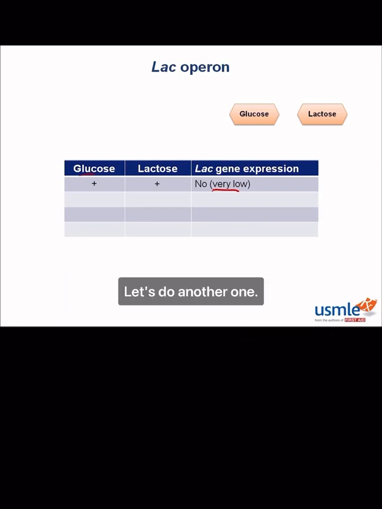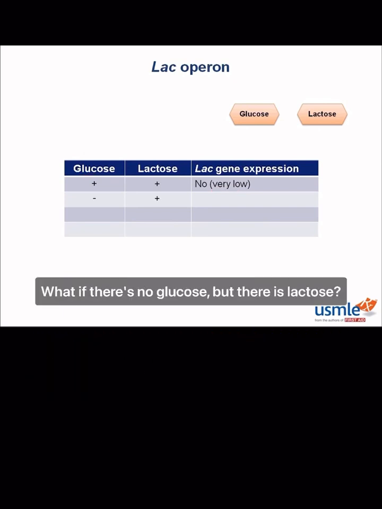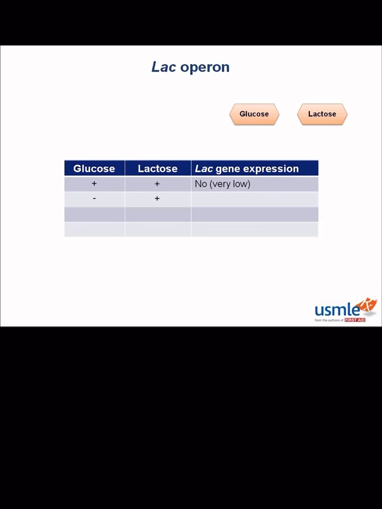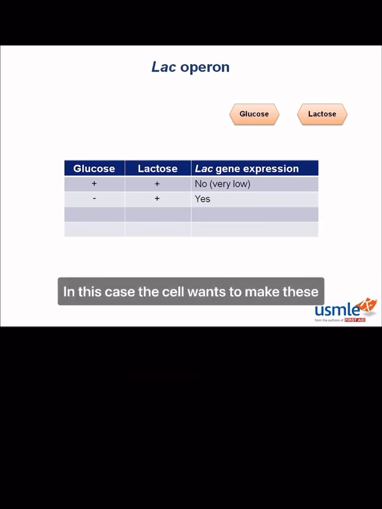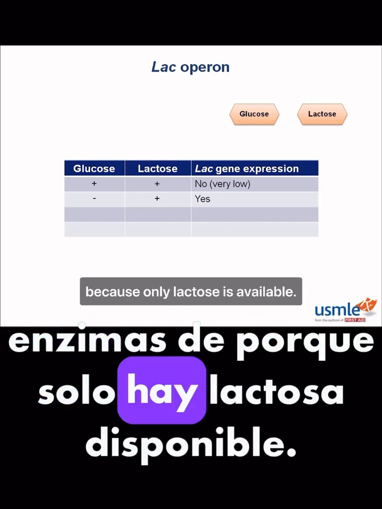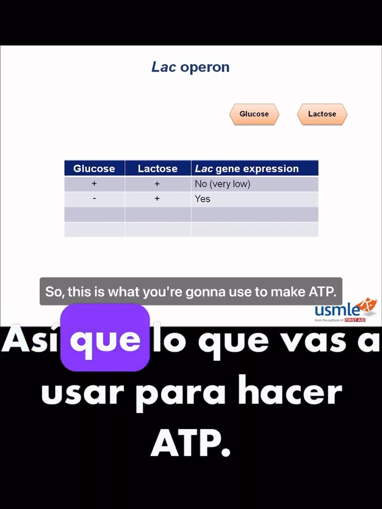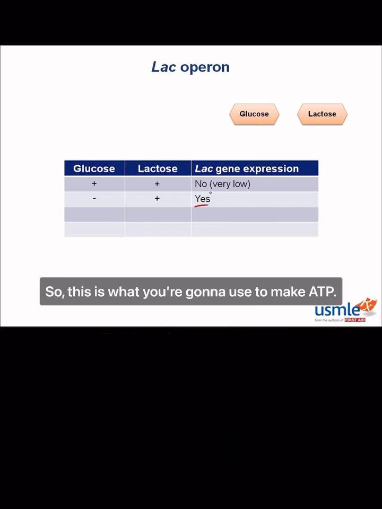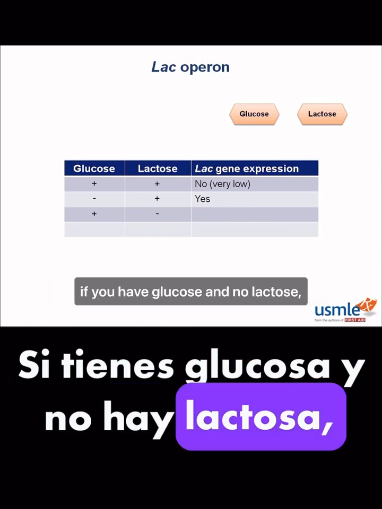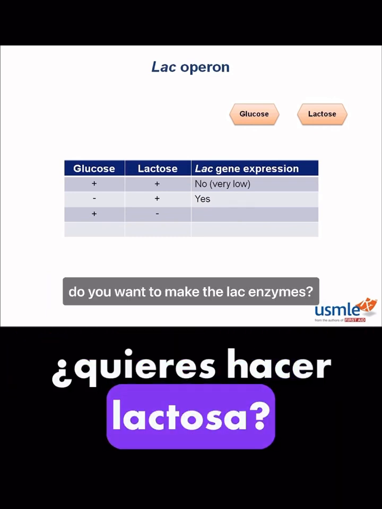Let's do another one. What if there's no glucose but there is lactose? In this case, the cell wants to make these lactose metabolizing enzymes because only lactose is available, so this is what you're going to use to make ATP. Next, hopefully these are getting easier now. If you have glucose and no lactose, do you want to make the lac enzymes?